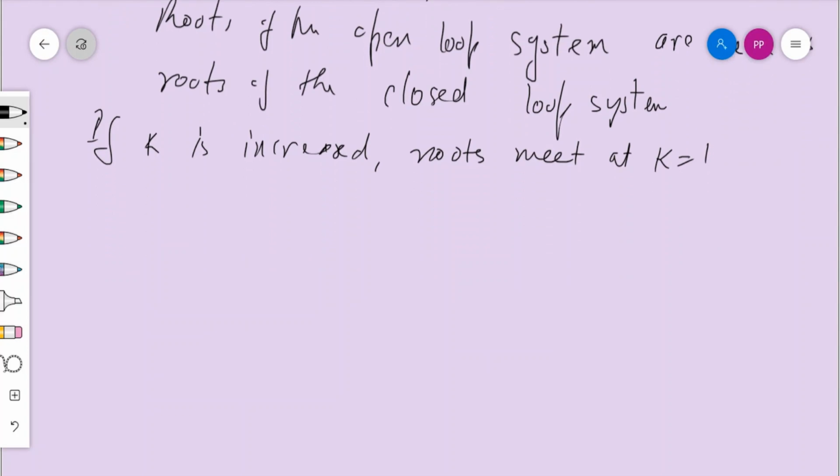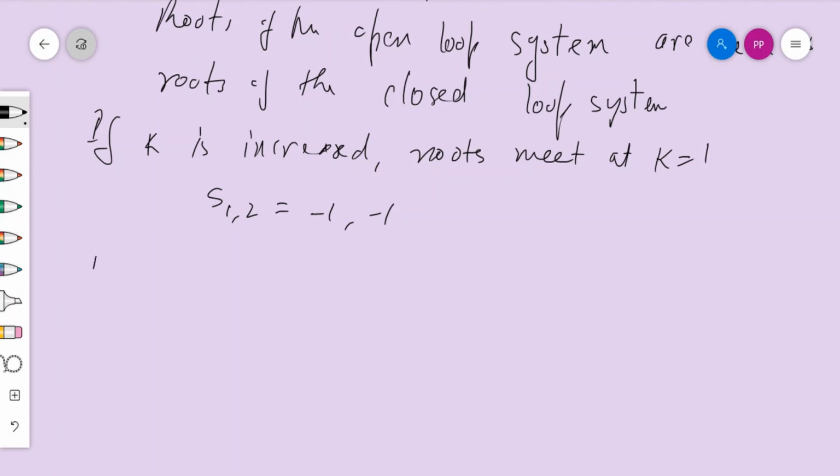What we will see in that case is that s1,2 equals minus 1, minus 1, because when k equals 1, the radical term will disappear, so both the values should be minus 1. So once we plot it on the s-plane, we will see how the roots are moving actually.